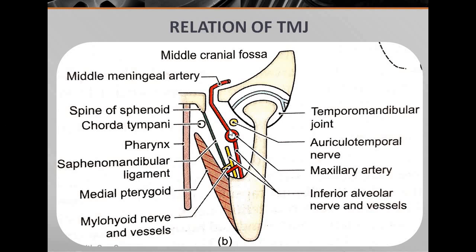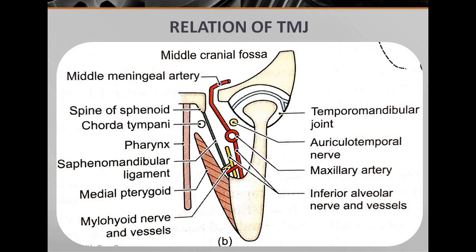Next, you can see the spine of the sphenoid, sphenomandibular ligament, auriculotemporal nerve, and middle meningeal artery. These are the medial relations of the temporomandibular joint.